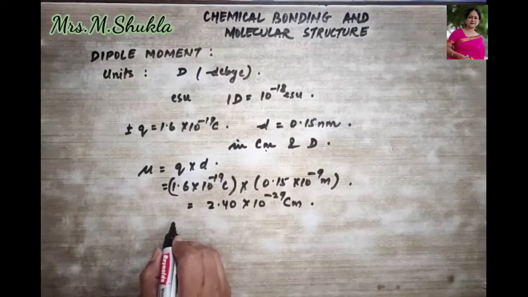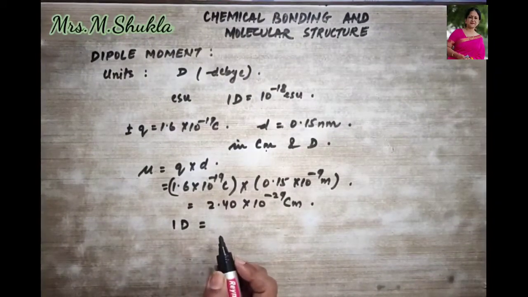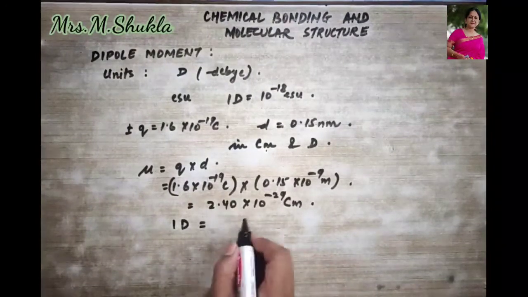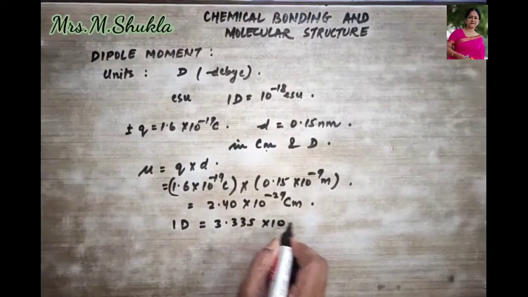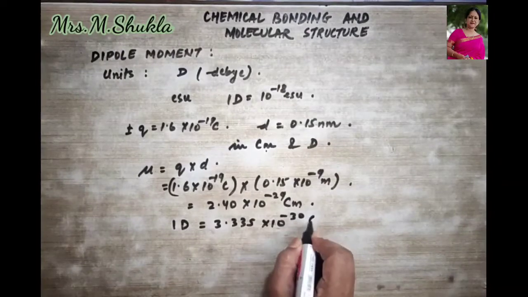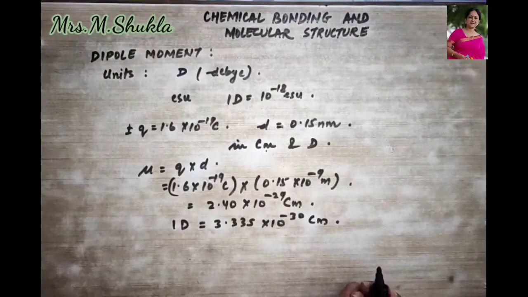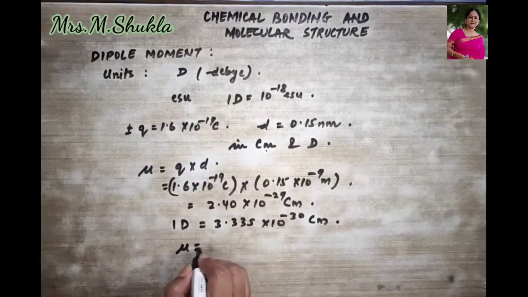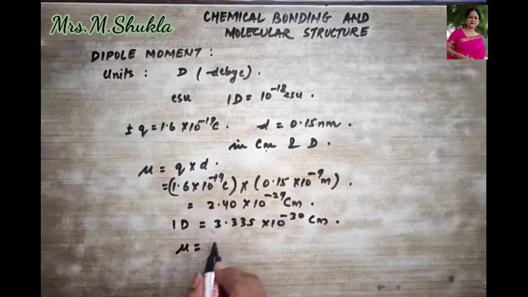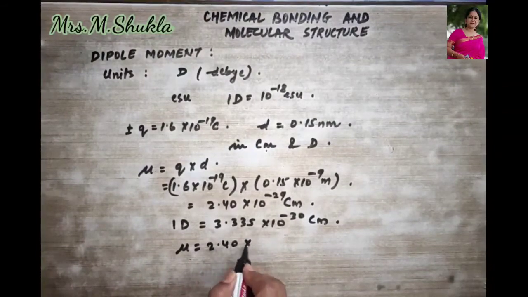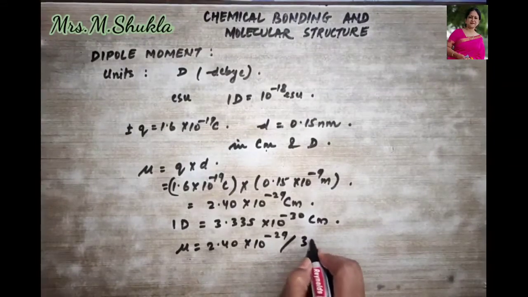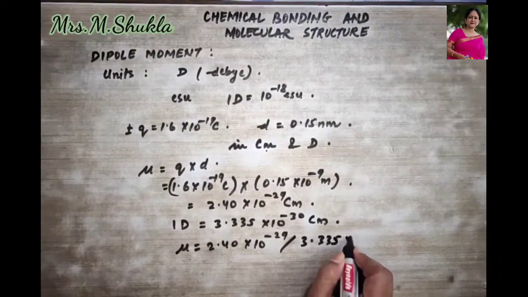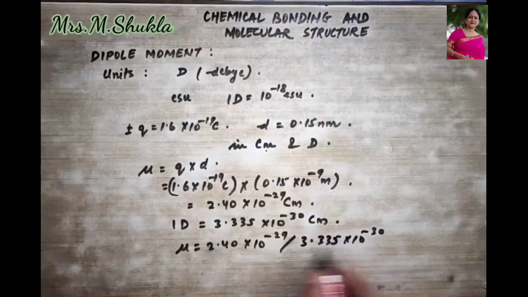Now we should know that 1 D is equal to how much in coulomb meters? It is 3.335 into 10 to the power minus 30 coulomb meters. Therefore, the dipole moment is 2.40 into 10 to the power minus 29 upon 3.335 into 10 to the power minus 30.